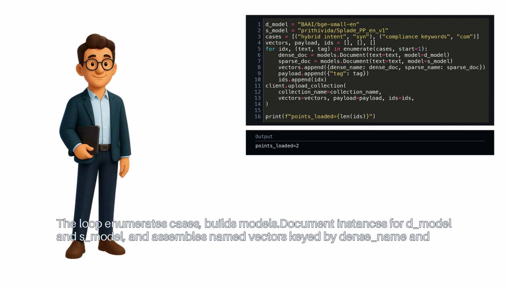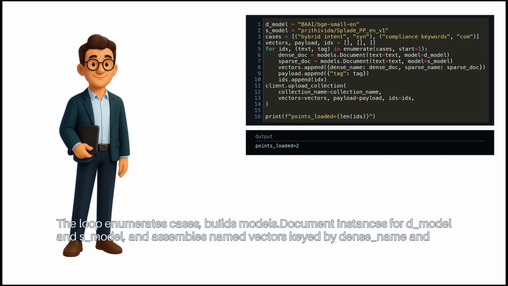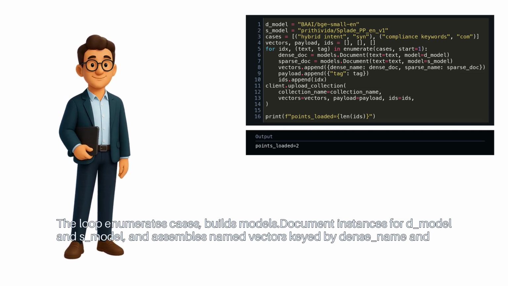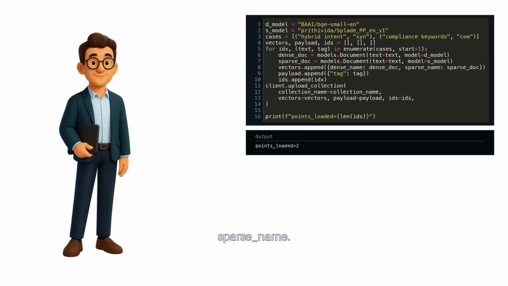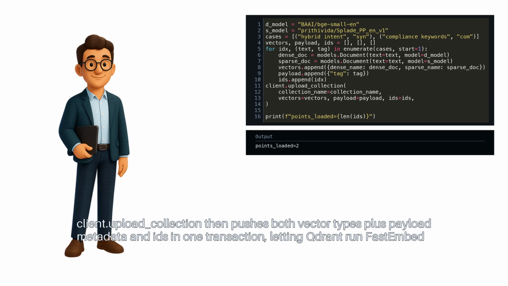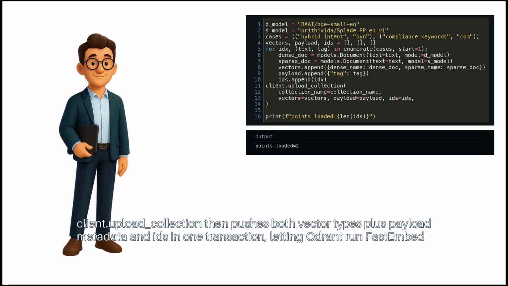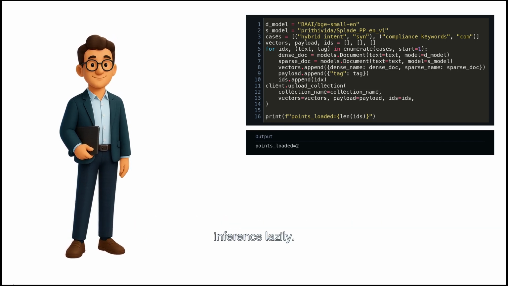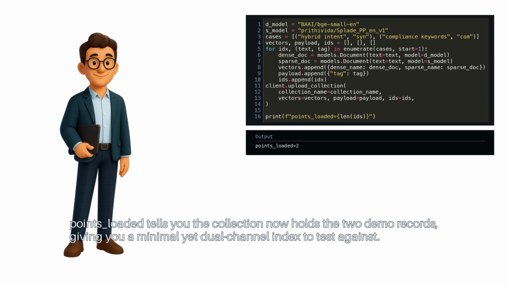The loop enumerates cases, builds models.Document instances for D model and S model, and assembles named vectors keyed by dense name and sparse name. Client.upload collection then pushes both vector types plus payload metadata and IDs in one transaction, letting Qdrant run FastEmbed inference lazily. Points loaded tells you the collection now holds the two demo records, giving you a minimal yet dual channel index to test against.